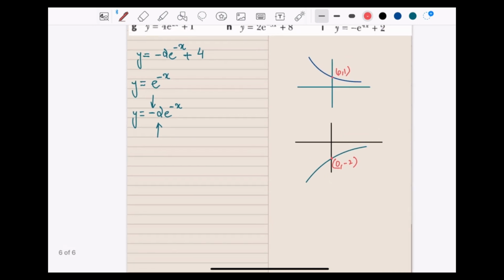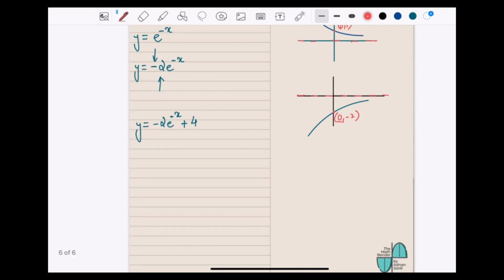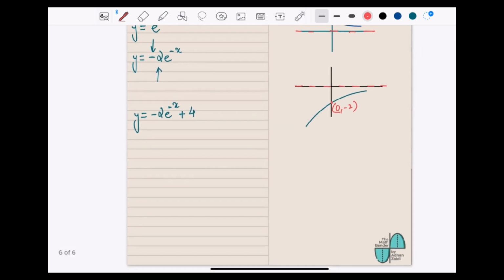Now if I write y equals -2 e to the power negative x and I add 4 to it, in all of these scenarios the asymptote remained where it was, and the asymptote will now move 4 units up as well as the graph.